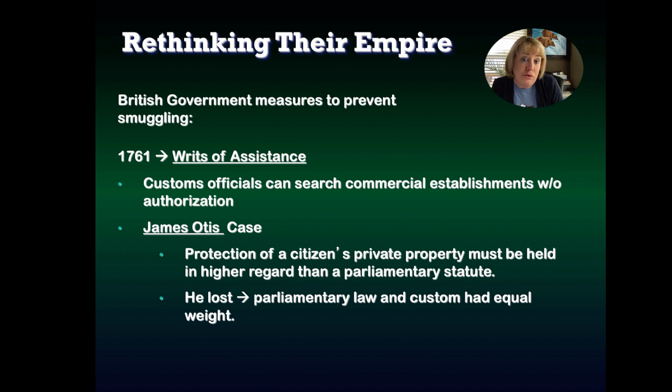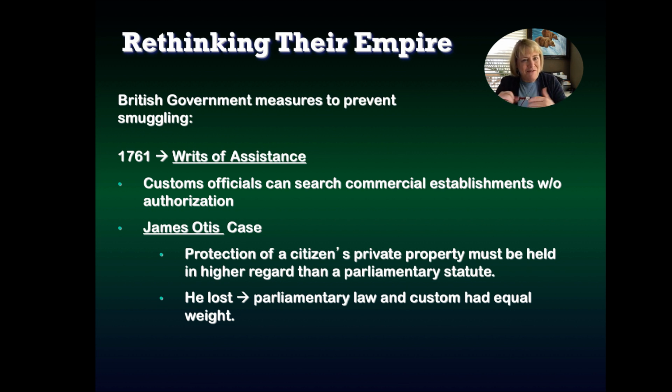Now he's going to lose. The courts are going to say that parliamentary law and customs have equal weight. So this custom, or this idea of the protection of private property, is only as valuable as Parliament says it is. If Parliament says that we can search your property, that idea just goes away.